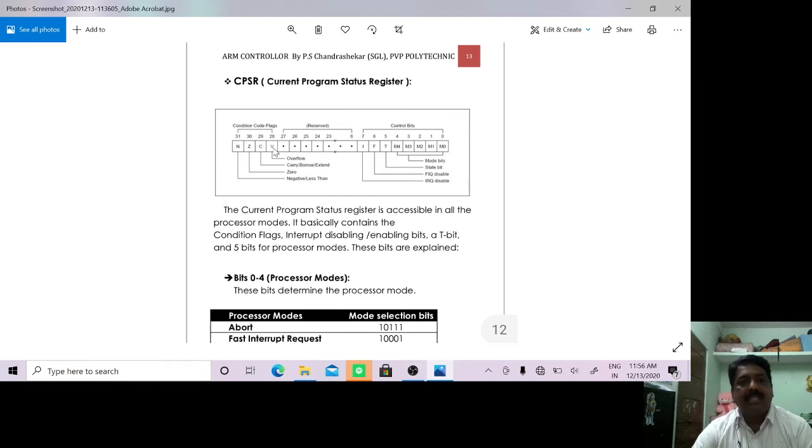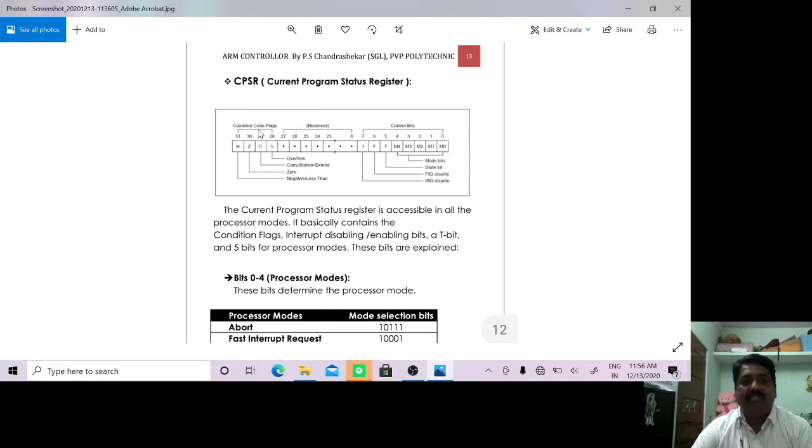The overflow flag bit represents another error condition. It is used for signed number arithmetic. When signed arithmetic is carried out and the answer goes beyond the range of representation, the overflow flag bit sets, indicating either an overflow or underflow condition.